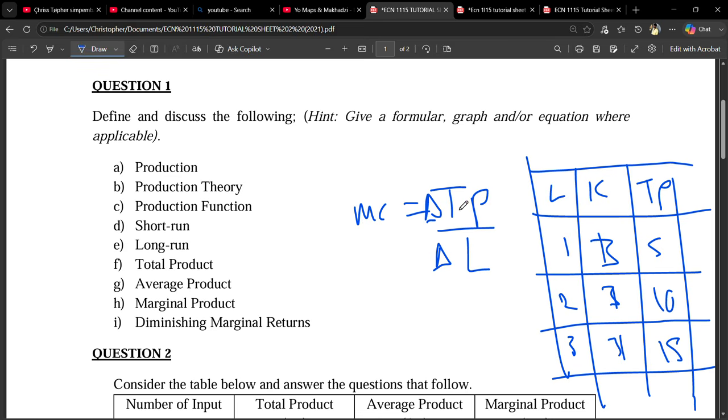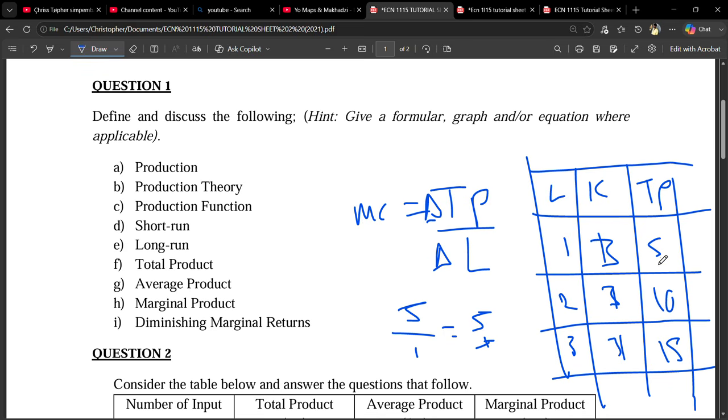So our marginal product is the change in total product over the change in labor. Here we have 0 on top, so 5 minus 0 is 5, divided by 1 minus 0, which is 1. So our marginal product there is 5.